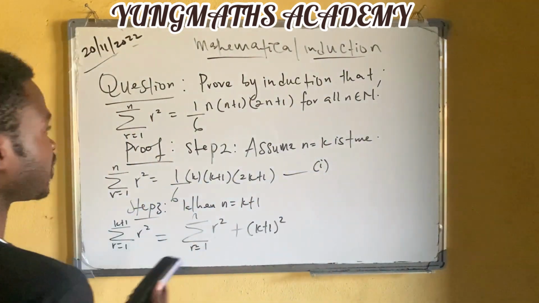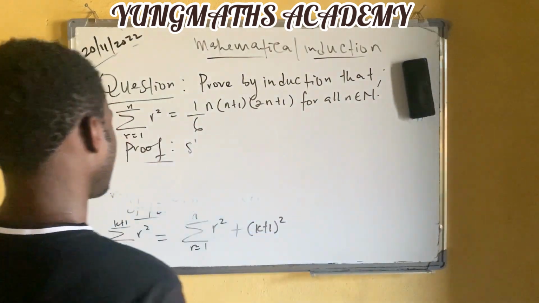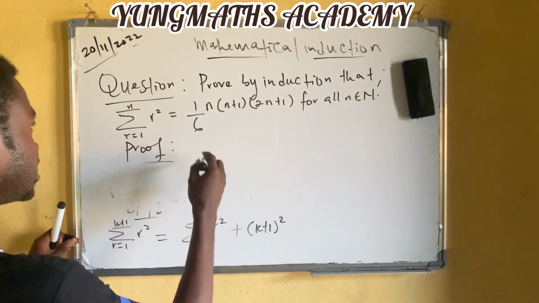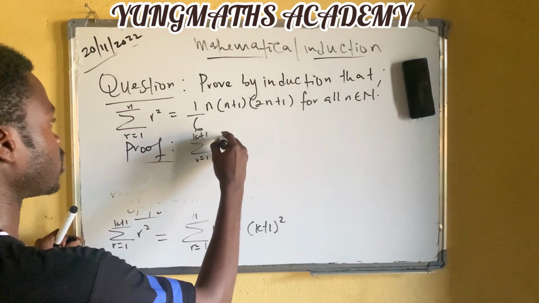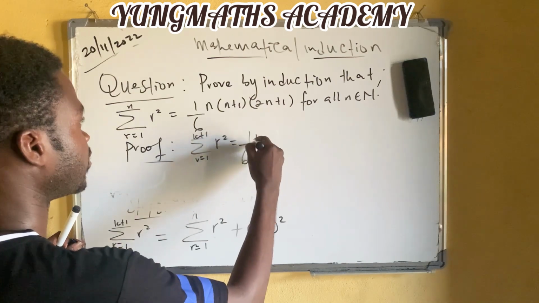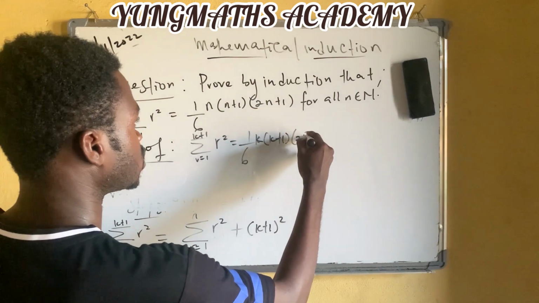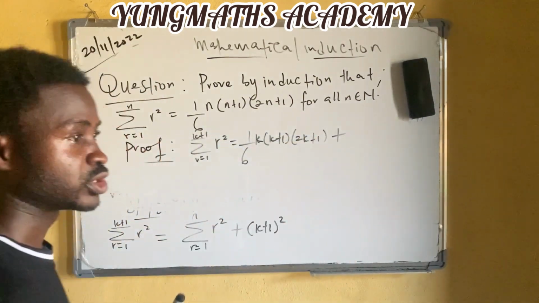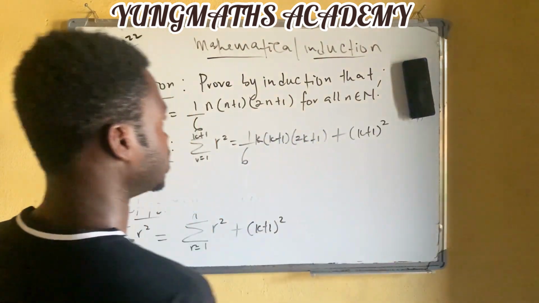Now I have the summation of r squared from 1 to k plus 1, which is equal to this: 1 over 6, from step 2, k plus 1, 2k plus 1, then plus k plus 1 squared, just this way.